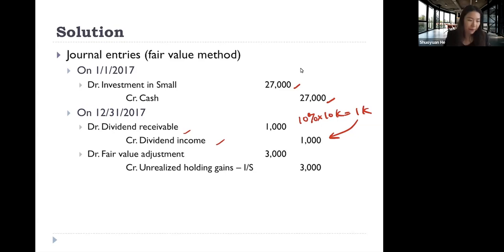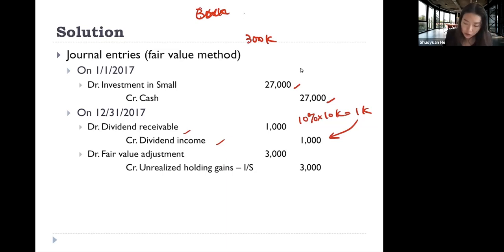And then Small's fair value is 300,000. That is Small's fair value at the end of the financial reporting period, so Big's share is 10%, or 30,000. What is the book value of this investment reported on Big's books?